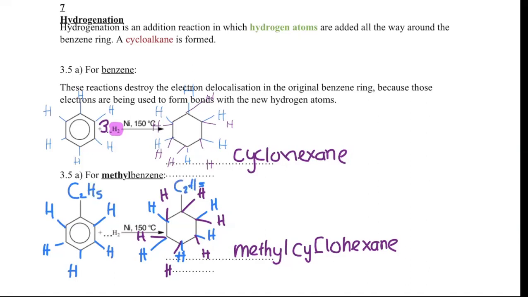Because the alkyl group is just the side chain, the most important thing is you are adding hydrogen into the ring. So the number of hydrogen that you're adding here, if you count the purple hydrogen, 1, 2, 3, 4, 5, 6, that's 6 hydrogen. So you need 3 hydrogen molecules.